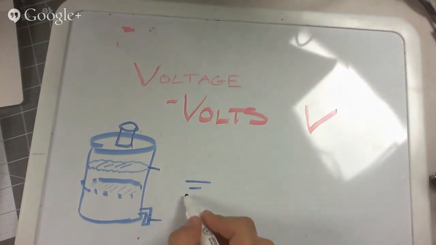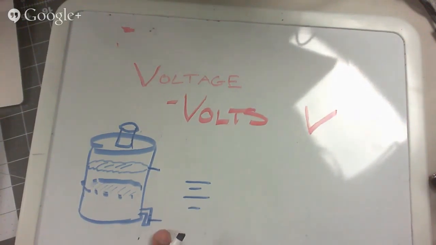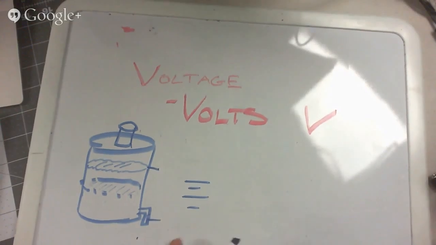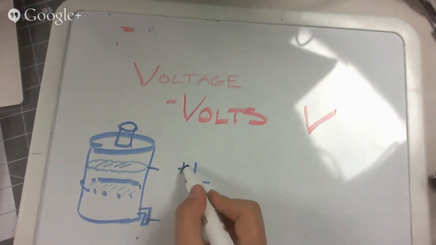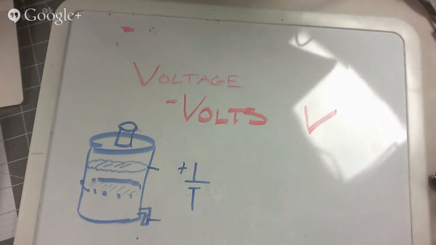So for the symbol, and I apologize if you're listening to this, that's a multi-cell battery. That'd be like a 2-cell battery, 2 AAs in series. A single battery is just this. Sometimes they put the little plus sign to indicate which end is positive and which end is negative.